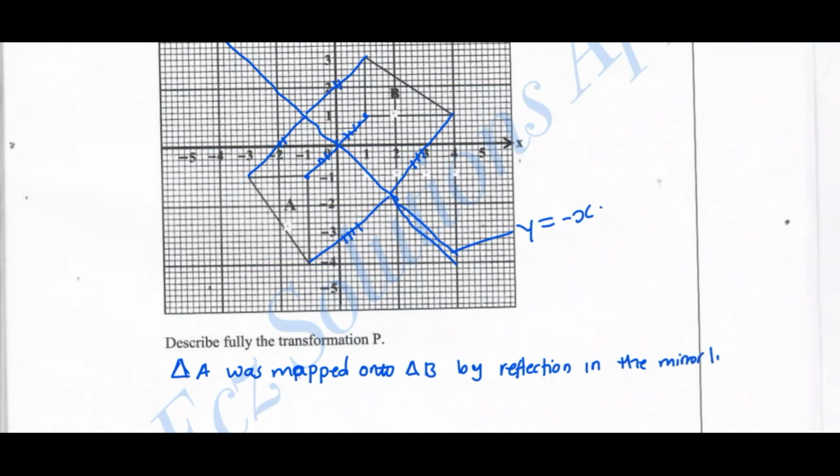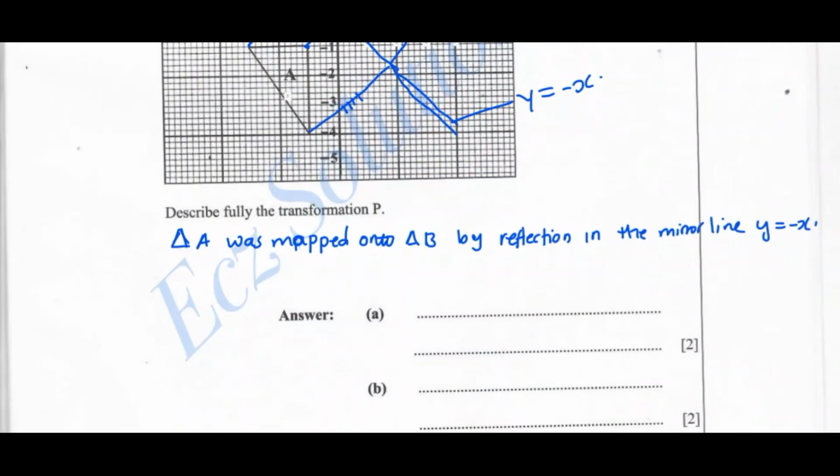So say triangle A was mapped onto triangle B by reflection in the mirror line, y is equal to negative x.